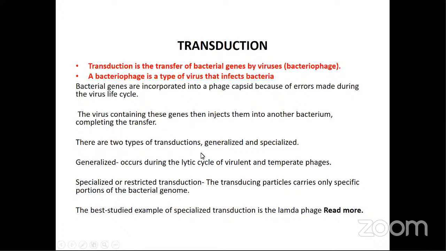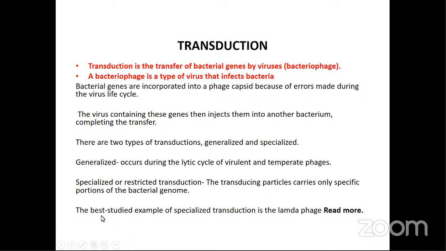There are two types of transduction, the generalized and the specialized type of transduction. You may read about it. The generalized transduction occurs during the lytic cycle of virulent and temperate phages, while in the specialized or restricted transduction, the transduction particle carries only a specific portion of the bacterial genome.